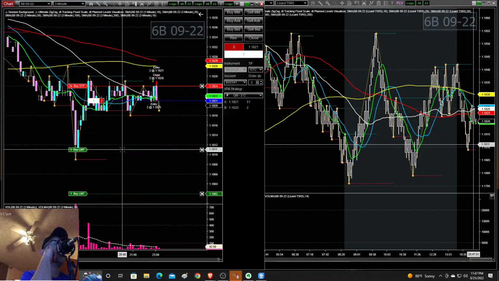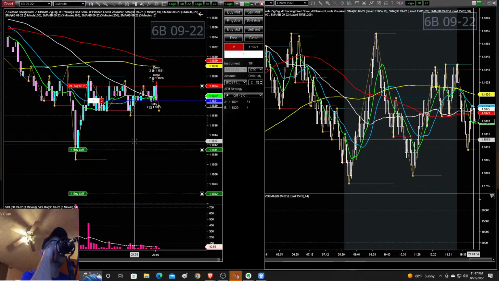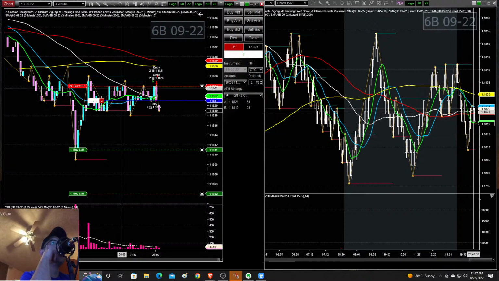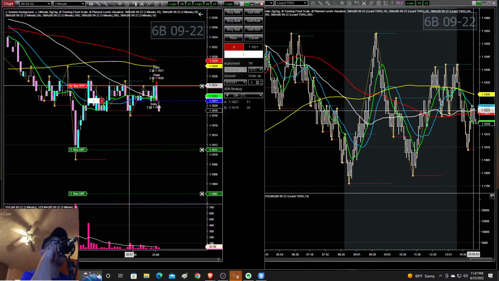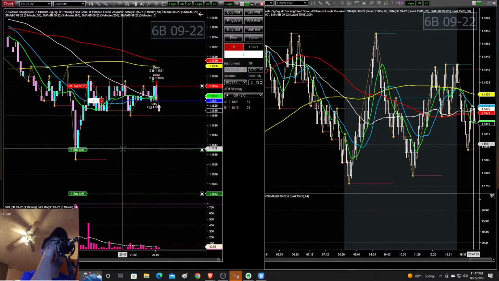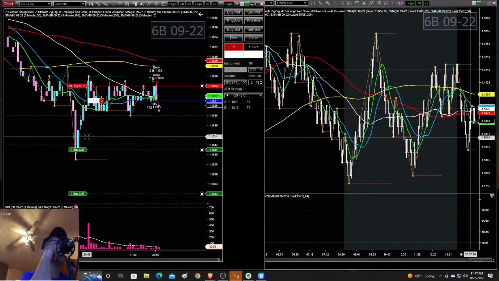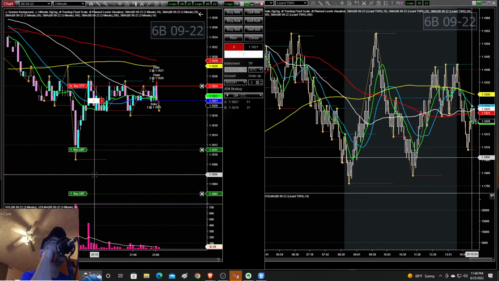So this is 2-to-1 risk reward right now for this first target, because my max risk on this trade is 4 ticks. Max reward for first contract is 10 ticks. Good trade.